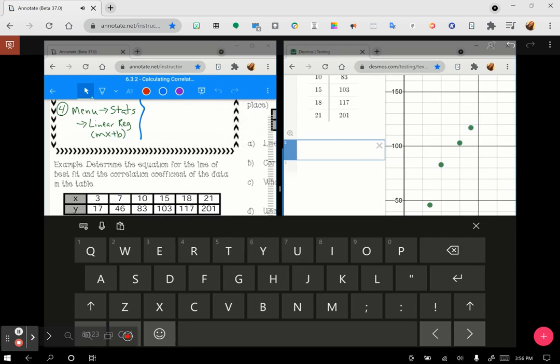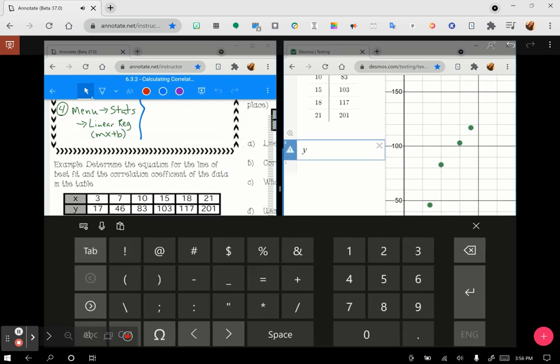So we're going to type it in just like our table. So y1, equals, oh, not equals, sorry, we have to use the little squiggle because we want it to approximate for us what the equation is going to be.